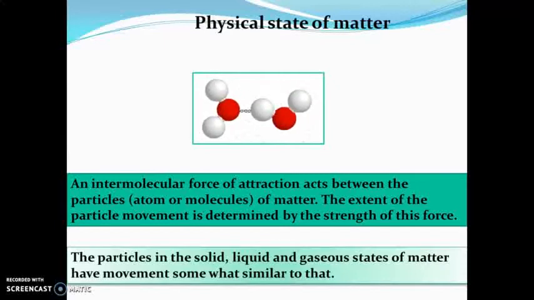The extent of the particle movement is determined by the strength of this force. That means if the force is stronger, the particles will move less, and if the force is weaker, the particles will move at a faster rate.